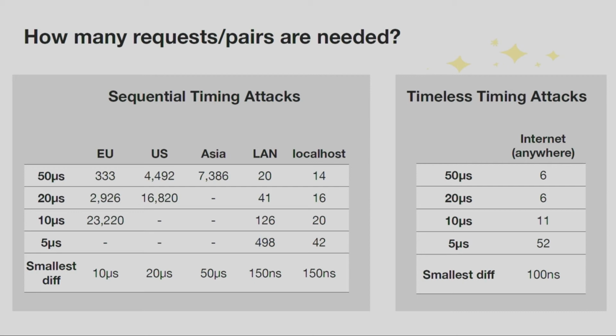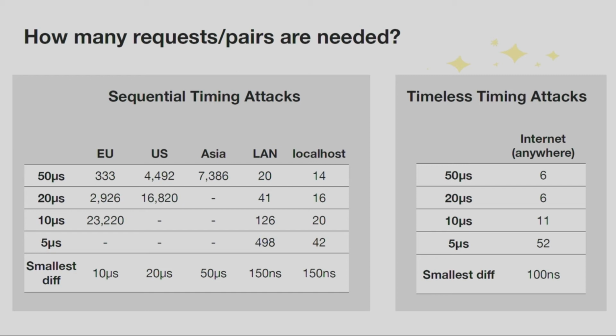And if you think about it, it actually makes sense, because the main thing that causes some performance degradation in these timeless time attacks is the jitter of the execution.